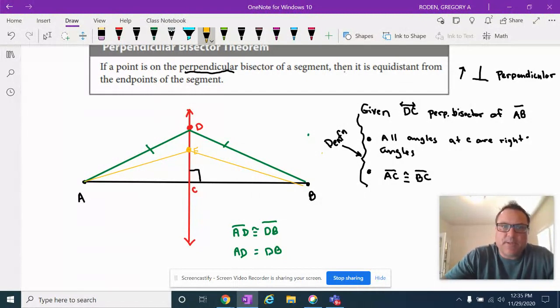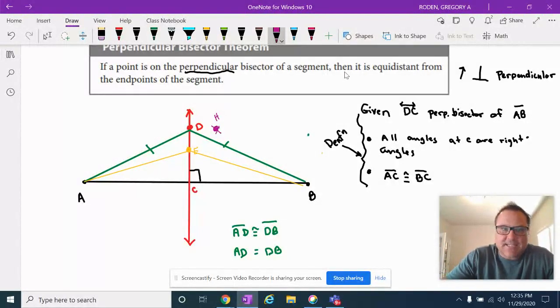Now, one other point to make here, let's say we had a point that's off the perpendicular bisector. Let's say we had a purple point. Let's call this point H. The distance between H and A is obviously not going to be equal to the distance between H and B, because H is not on the perpendicular bisector where D and E are.